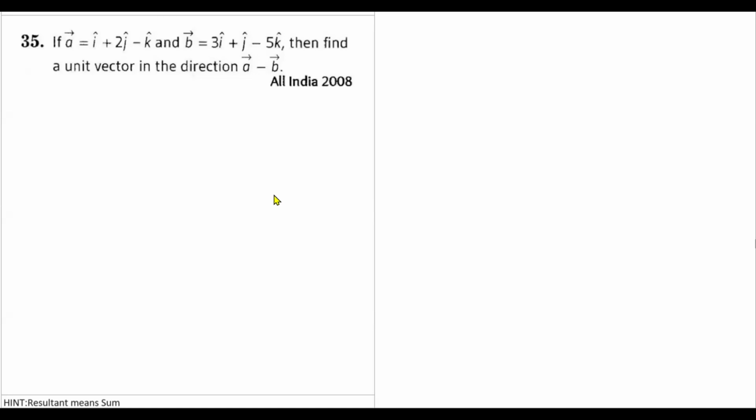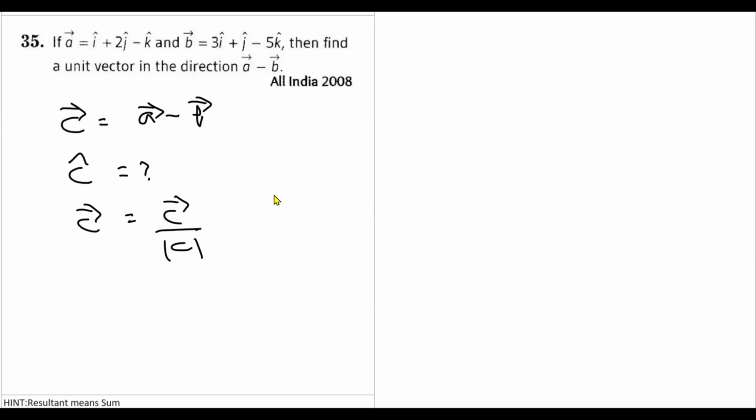The next question says if A is this vector and B is this, then we have to find a unit vector in the direction of A minus B. So let C be the vector which is equal to A minus B, and then we have to obtain C cap. You know that C cap is C vector divided by its magnitude.